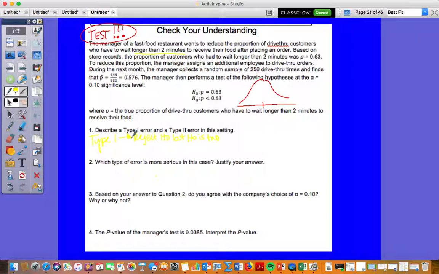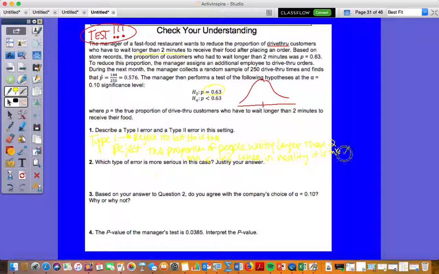Okay, so we know that Type 1 is rejecting the null, but the null is true, right? Just talk to me in context with that. So we reject the null, the true proportion of people waiting longer than 2 minutes is 0.63, when in reality it is what?